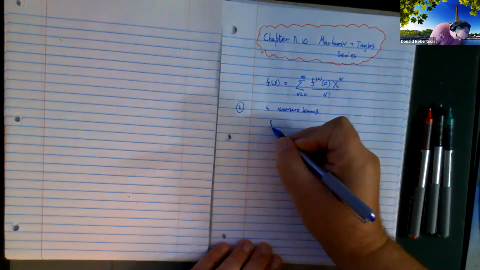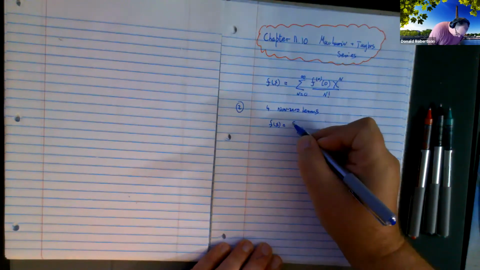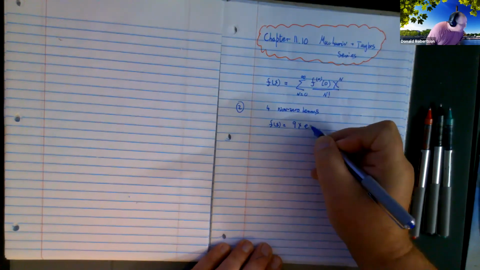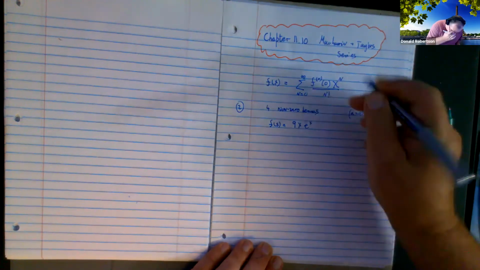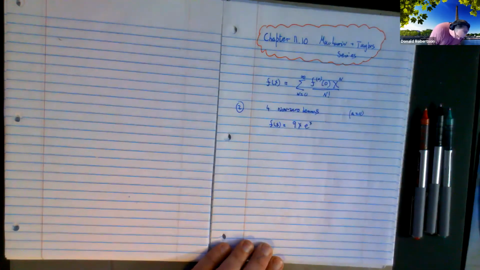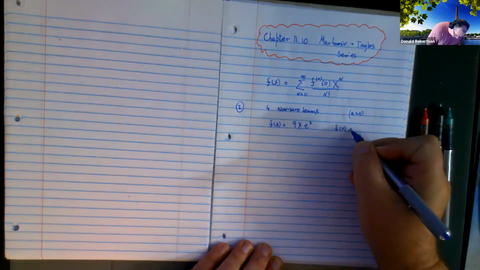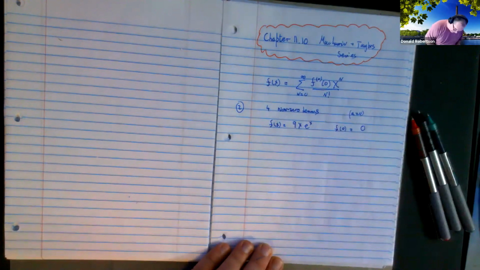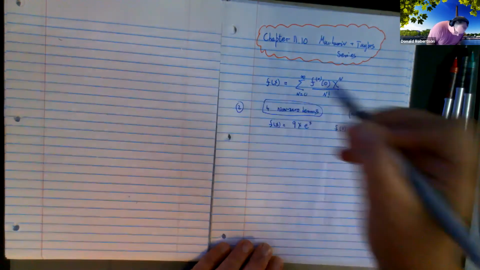So the function that we're going to do it to is, in my case at least, 9x e to the x, and it's going to be centered at 0, which is good because that's what a Maclaurin series is. And if I find f of 0, the answer is 0. So I'm not going to count that one because they want terms that aren't 0.